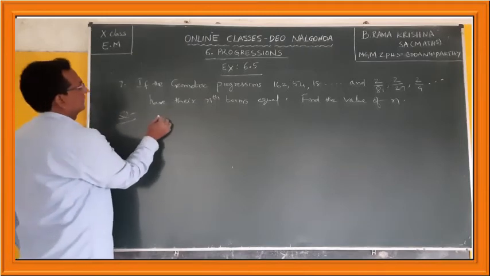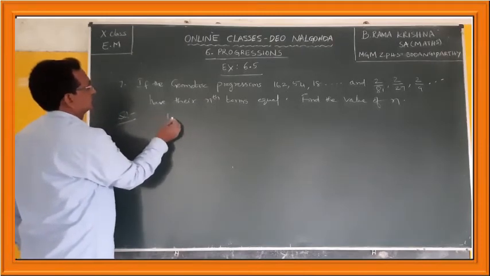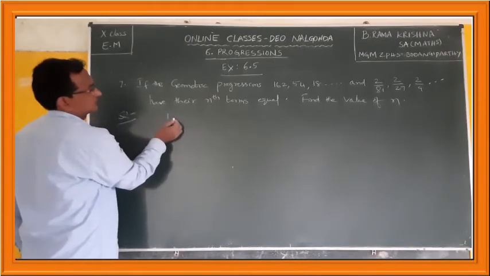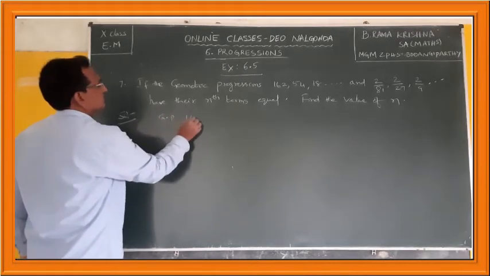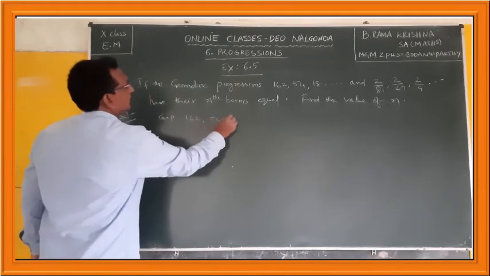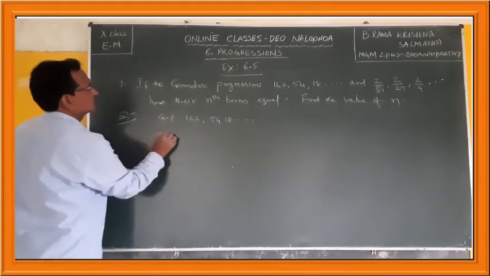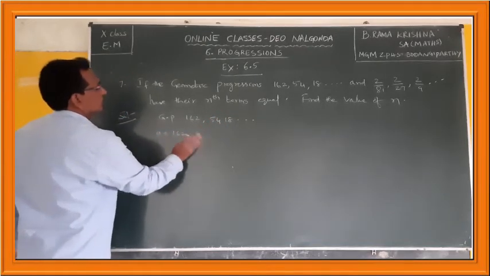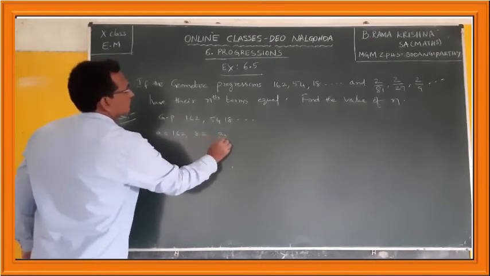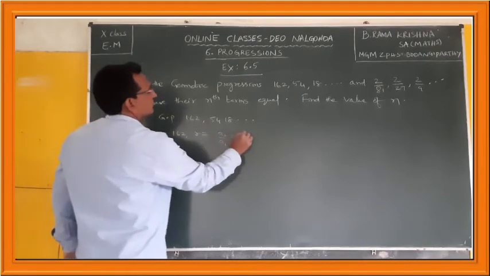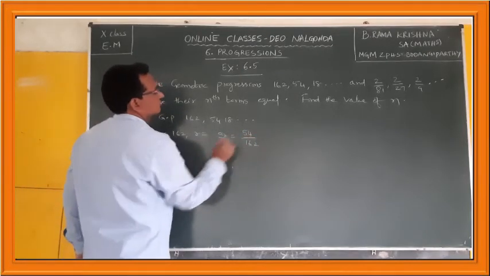Right. Let us find the nth term of the first GP. So GP 162, 54, 18. So A is equal to 162, R is equal to A2 by A1, which is 54 by 162.